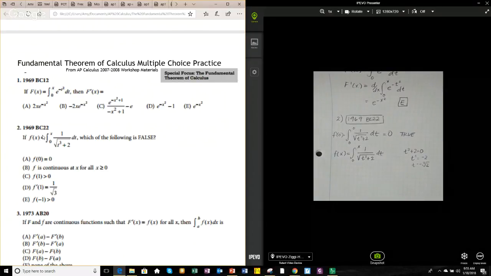Let's see, can x be the negative cube root of 2? Hold on. Well, hang on this one. We're going to keep going.